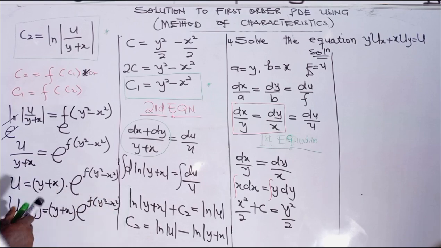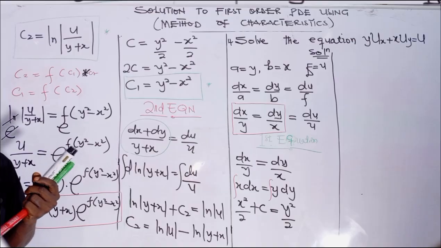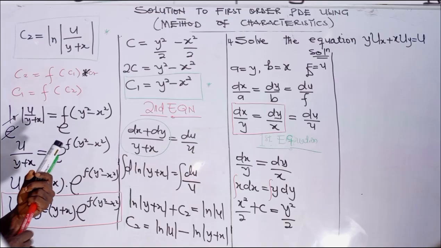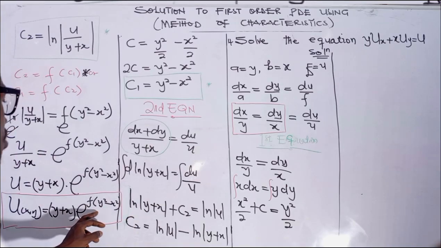Very easy and simple. So this is our general solution. Since we were not given any initial condition, or zero condition, our general solution becomes this.